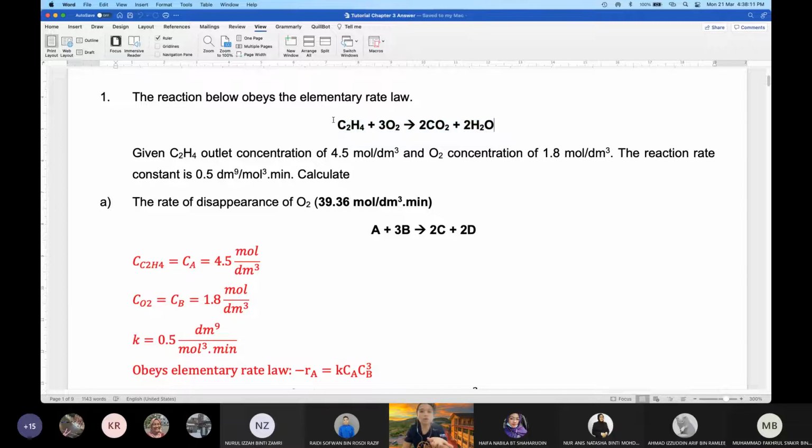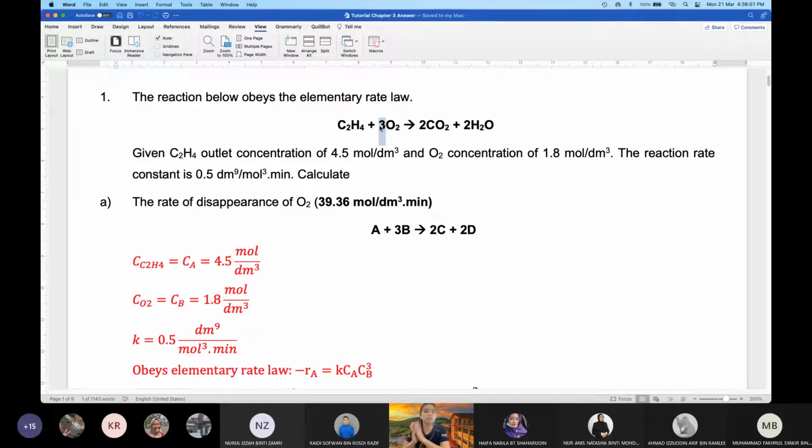Since the stoichiometric coefficient for C2H4 is 1, it is first order with respect to C2H4. And because the stoichiometric coefficient of oxygen gas is 3, the reaction is third order with respect to oxygen. Overall, this is a fourth order reaction. So for the reaction order, you just look at the stoichiometric coefficient; you just take the number, and that will be the reaction order.